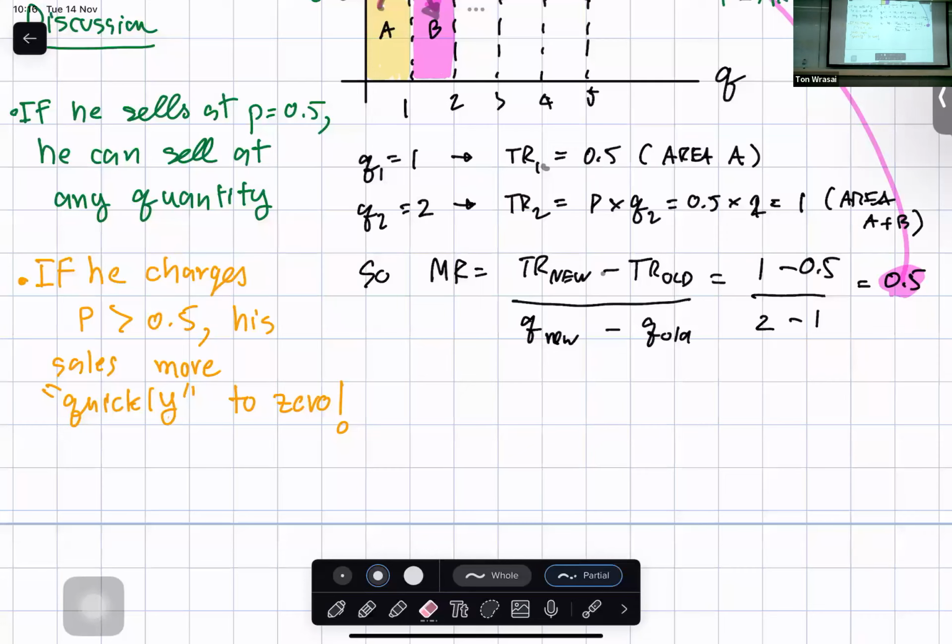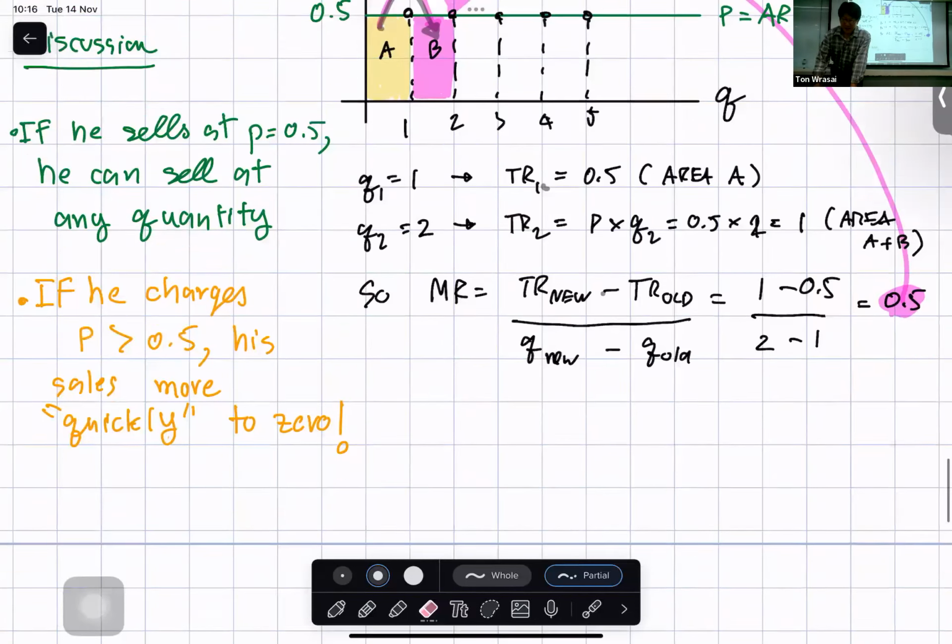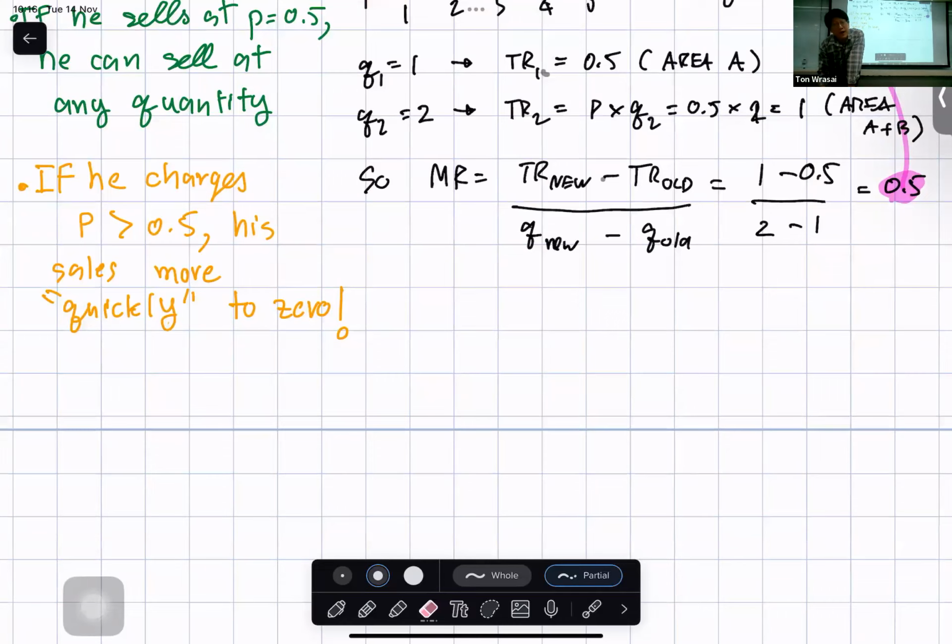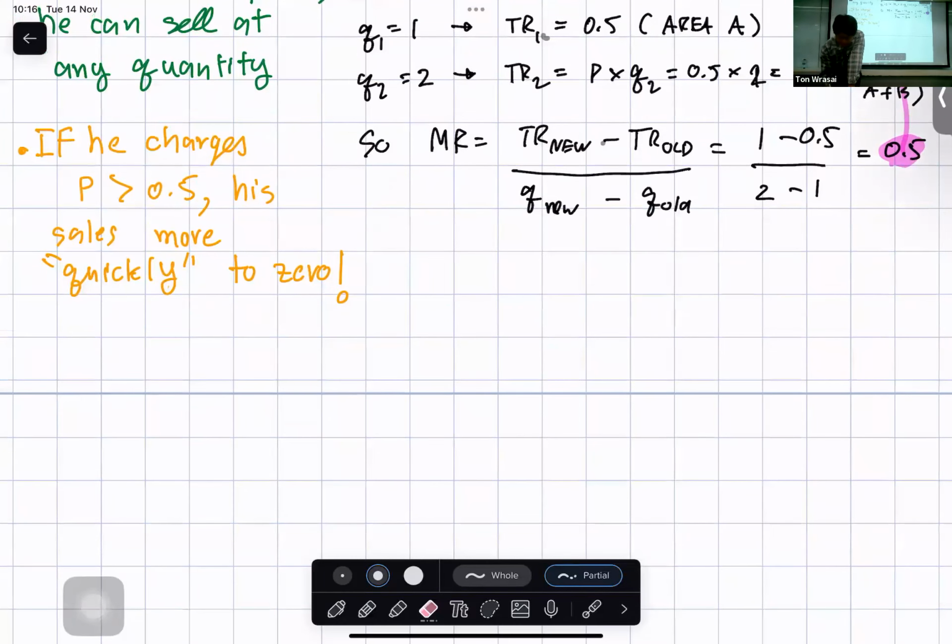Now what if he charged less than 0.5? All others still charge 0.5, but what if his shop changed the price tag to less than 0.5?